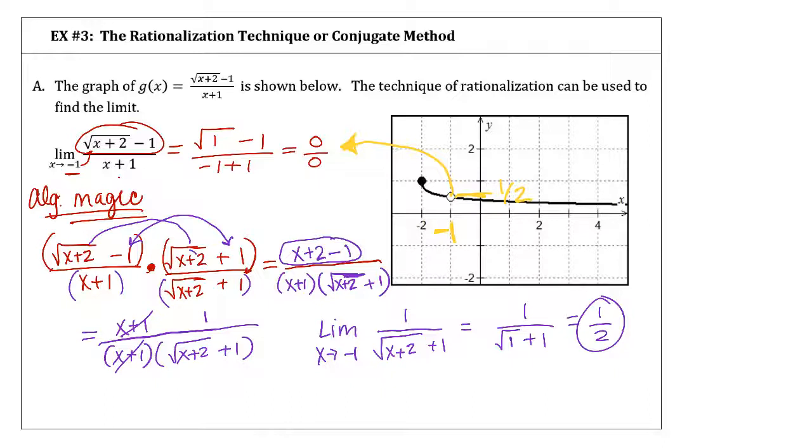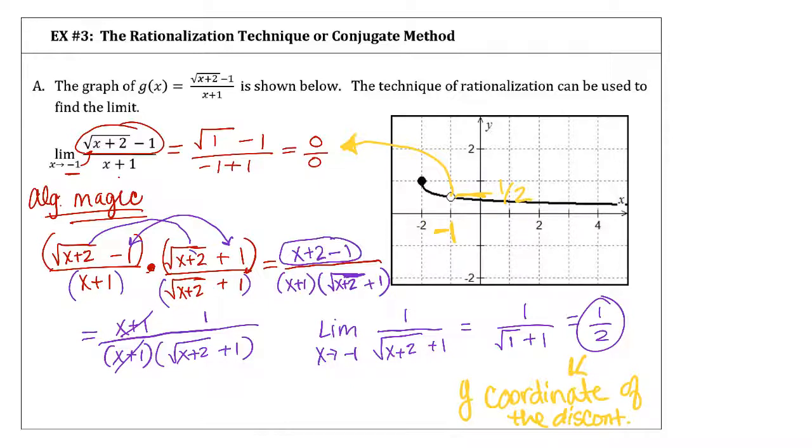So that's why we had to do the algebra magic. And through that process, this limit ended up being the y coordinate of the hole. And let's go ahead and write ourselves a reminder of that. That is the y coordinate of the hole, or y coordinate of the discontinuity. Why don't we call it that? And I'm going to run out of room.